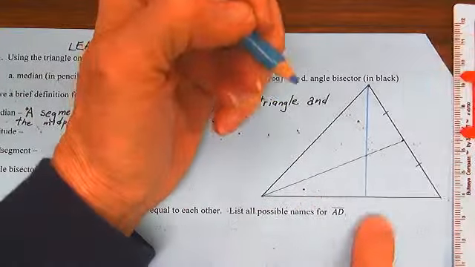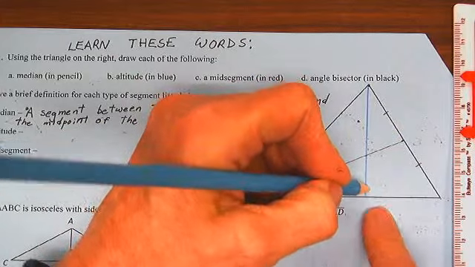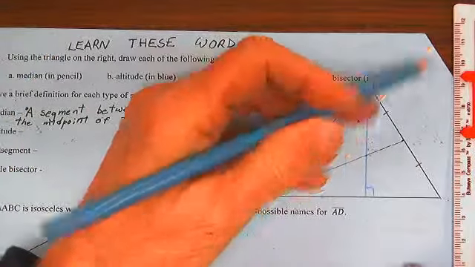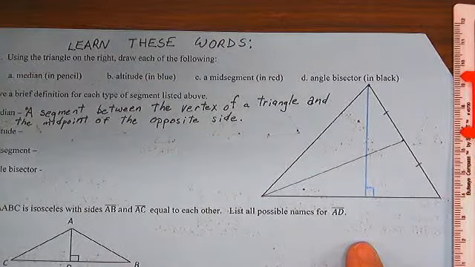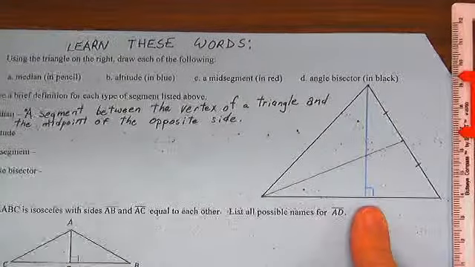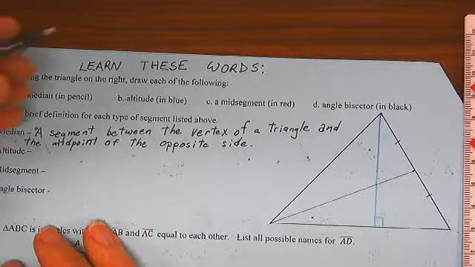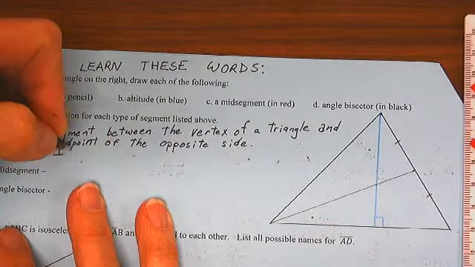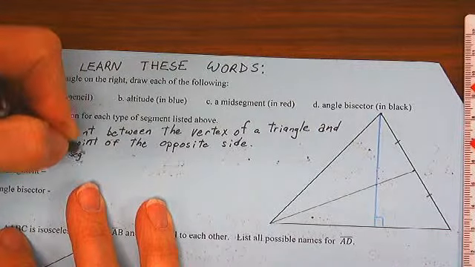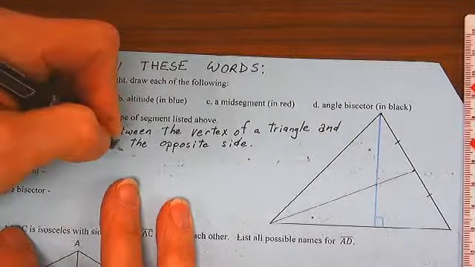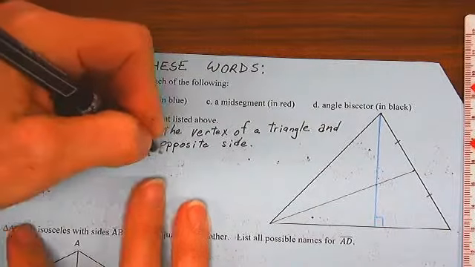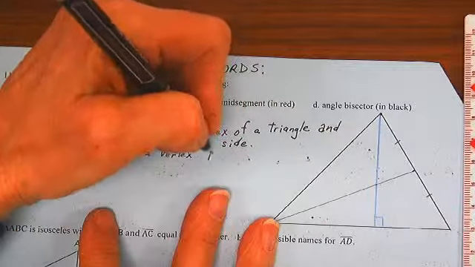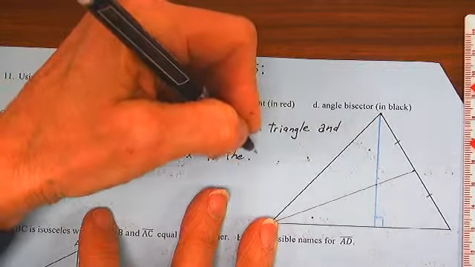In college geometry, you will have to do these constructions with nothing more than a straight edge and a good compass. So now we have constructed the altitude, which again is the perpendicular segment from a vertex to the line of the opposite side.